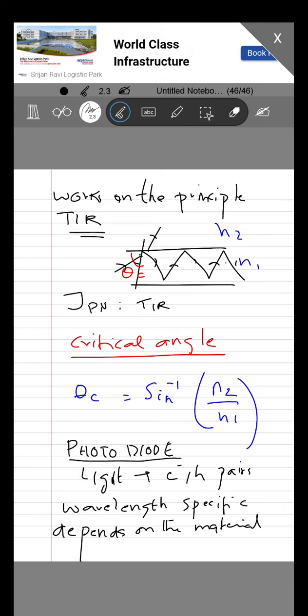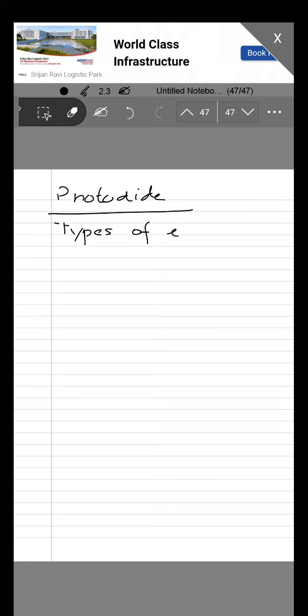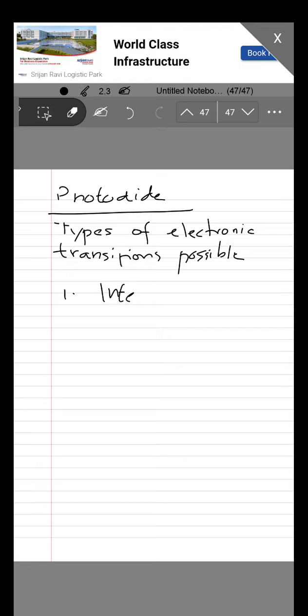In a photodiode, the types of electronic transitions possible are: first, as previously explained, the interband transition.